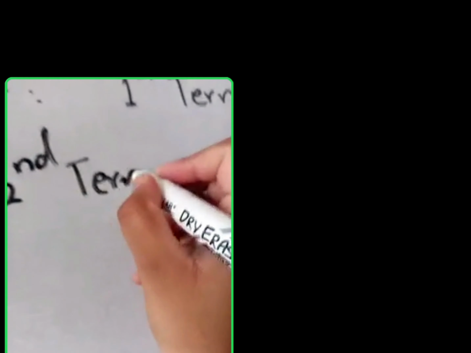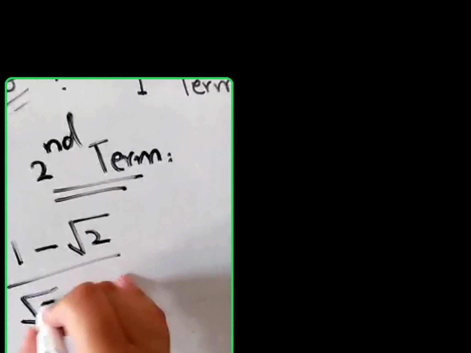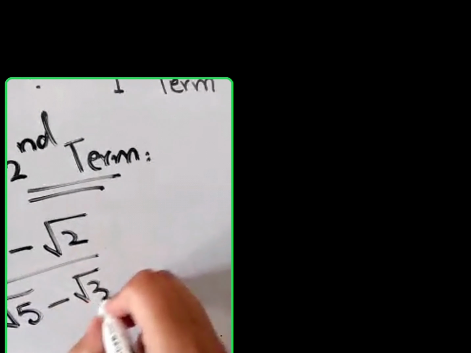Now you will mention it as second term. First term solution is done. Now you will write second term. Second term is 1 minus square root 2 divided by square root 5 minus square root 3.